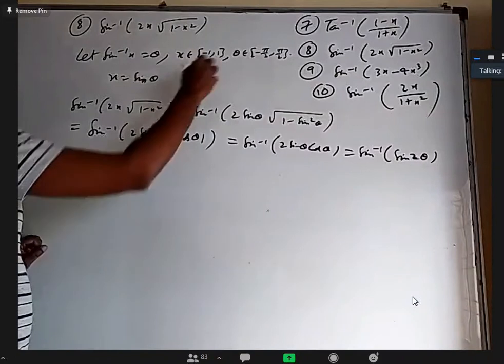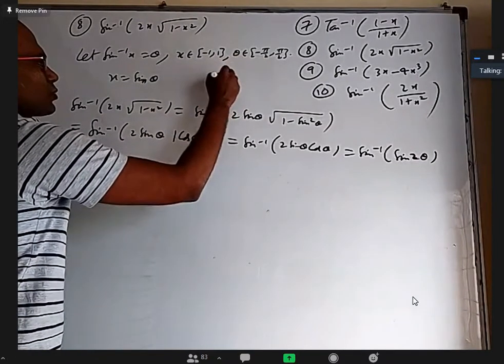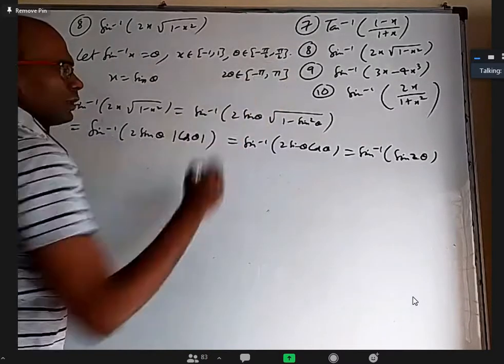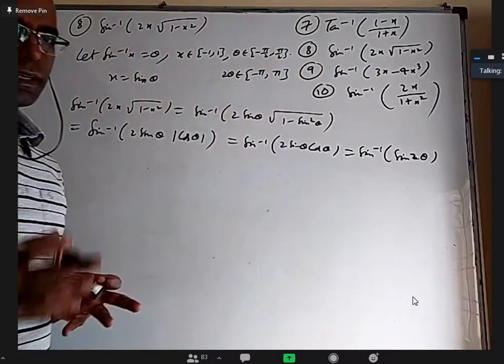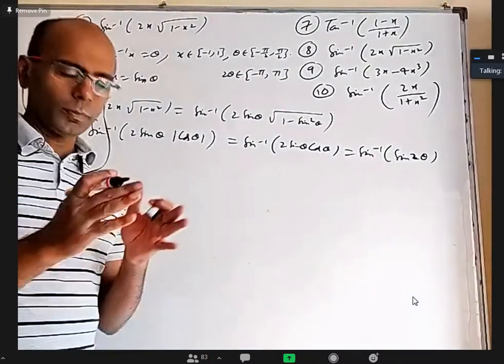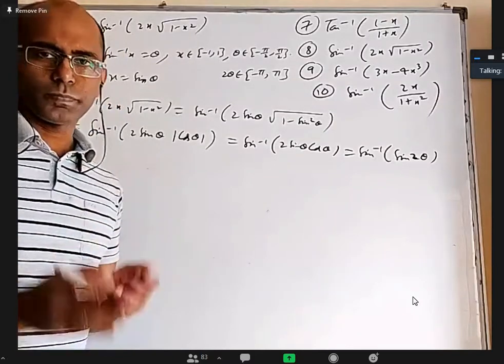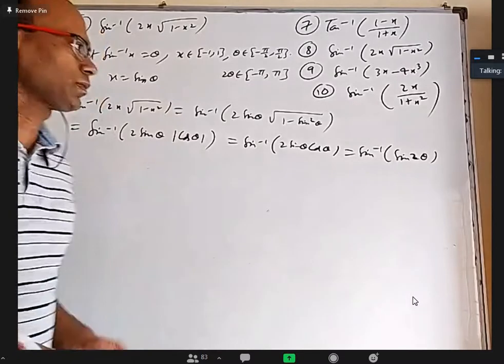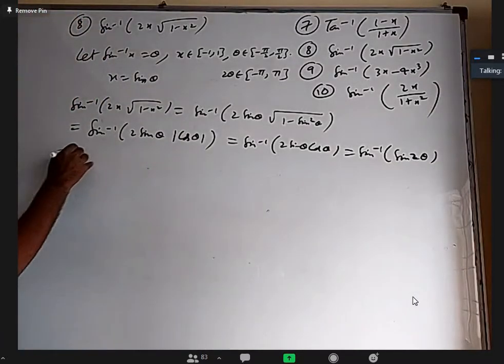Okay, so now if theta belongs to this, 2 theta belongs to -π to π. So between -π to π, sine inverse has three formulas, because the formula changes at -π/2 and π/2. -π/2 to π/2 one formula, after π/2 one formula, before -π/2 another formula. So I should write three things here.